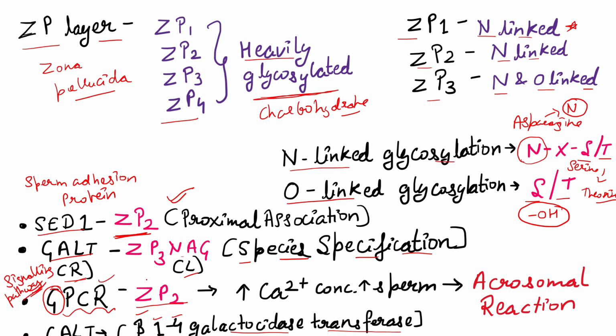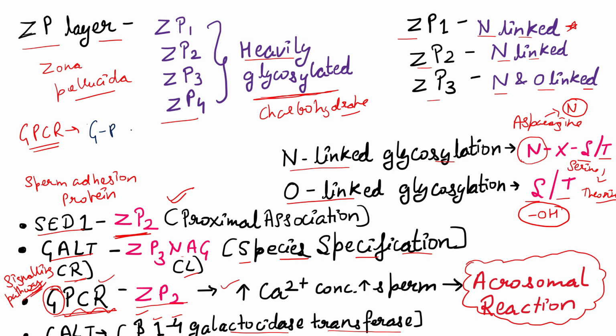Through this GPCR, there is an increased level of calcium concentration in sperm, and it causes the acrosomal reaction through which the sperms penetrate into the ovum. About GPCR we will be studying in the unit of signaling pathways in cell biology, cell signaling.